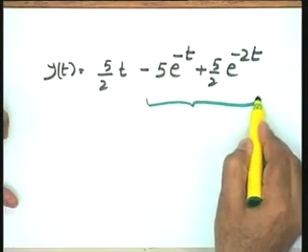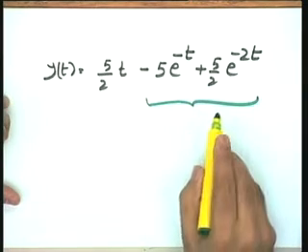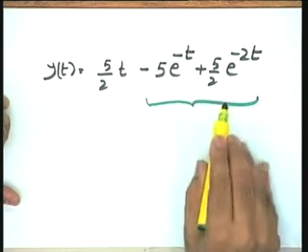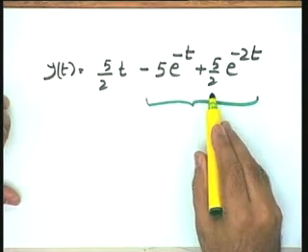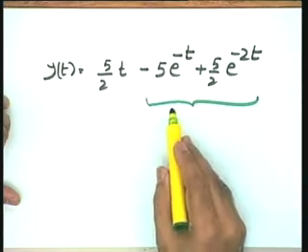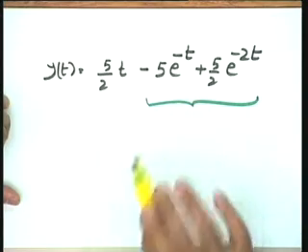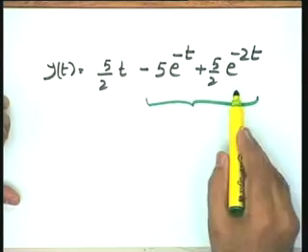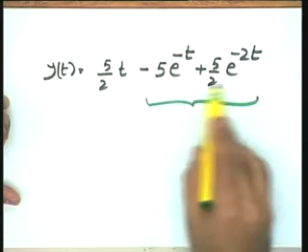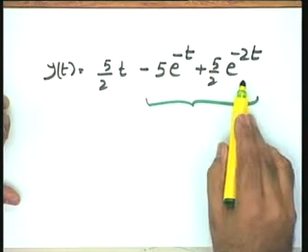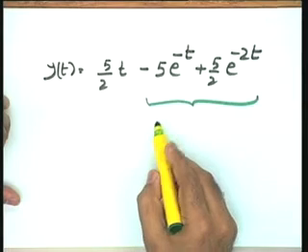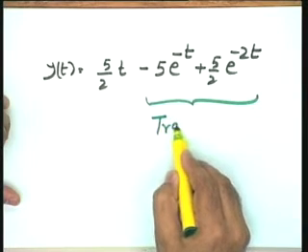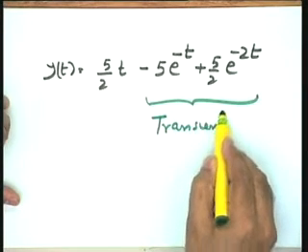These terms are contributed by the system poles when excited by the step input. The response is given by these two terms, and as you see these two terms die away with time. As t tends to infinity, these terms die out, and I refer to these terms as the transient response of the system.